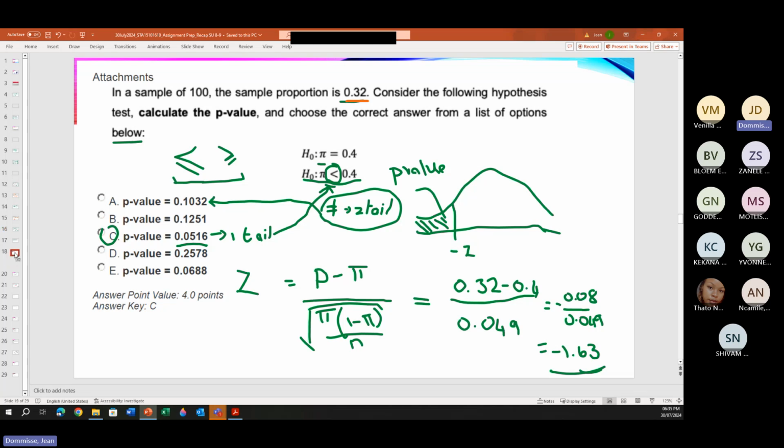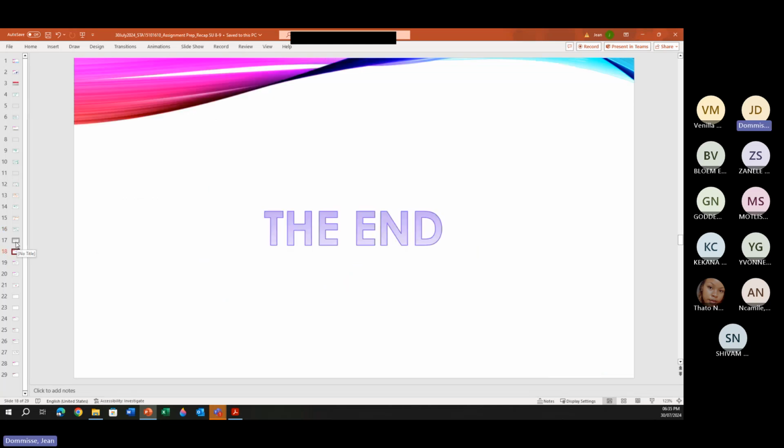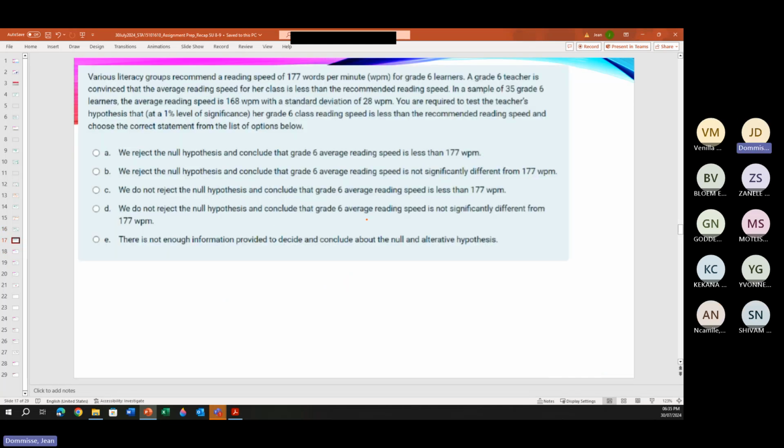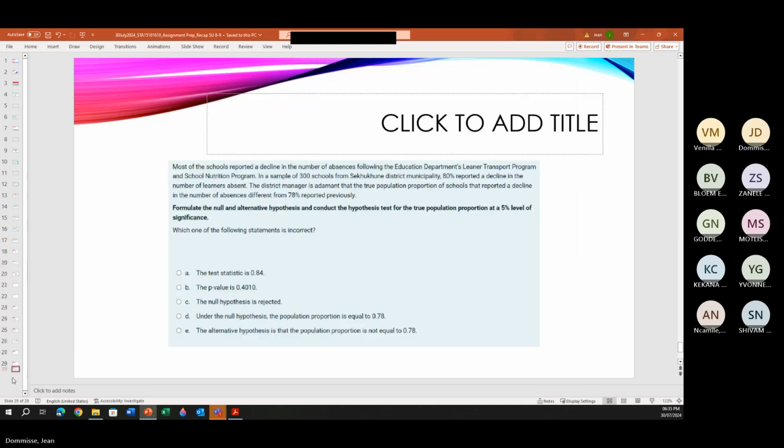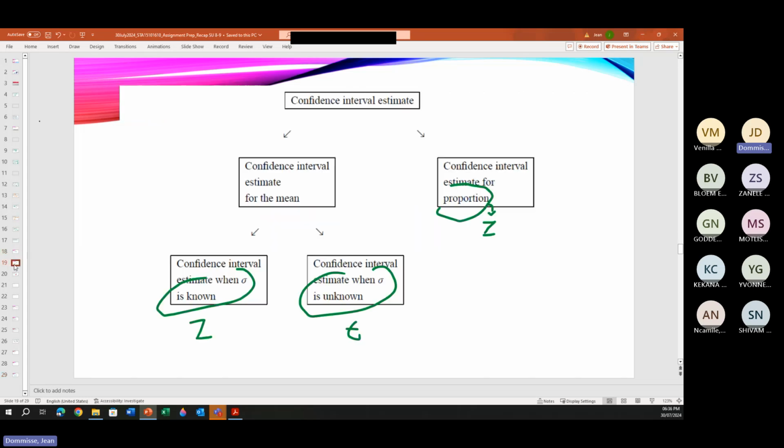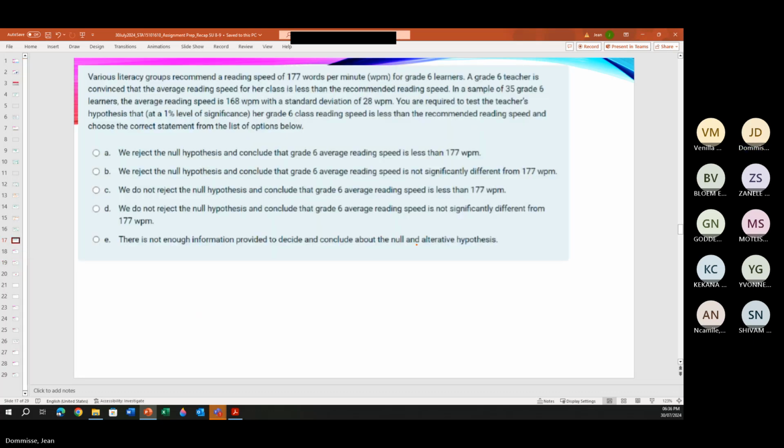Okay, so let's look at one more. We've got one more, and as you will see, I have added some of the theoretical information and all the formulas in as well.